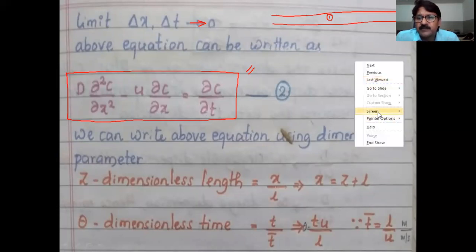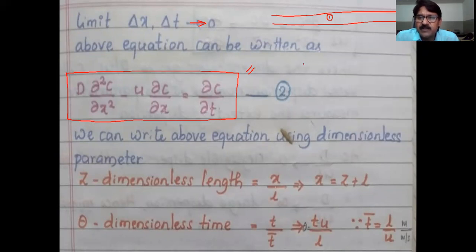See here, what is dimensionless? Something you divide by the same dimension, so both units get cancelled and you get a dimensionless quantity. So z is a measure of time, but it could be in second or minute or hour, anything. Suppose t is in seconds, I should cancel both units, so I'll divide by the mean t bar.